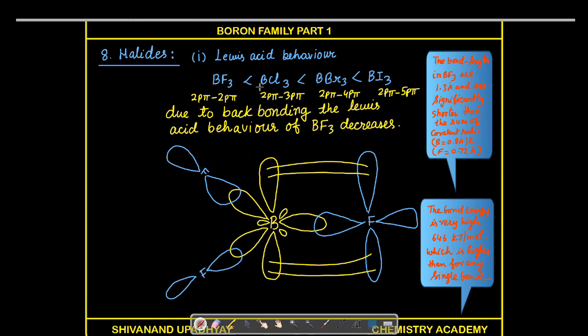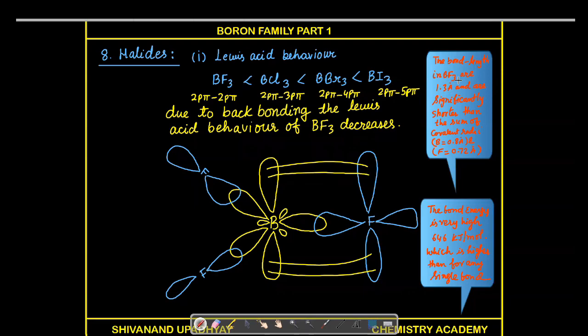From experiment, we found that the bond length of BF3 is 1.3 angstrom, significantly shorter than the sum of covalent radii of boron and fluorine. If I add the covalent radii of boron and fluorine, the bond length should be 1.52, but it is coming 1.3. So a large difference shows that it is not behaving like a single bond.